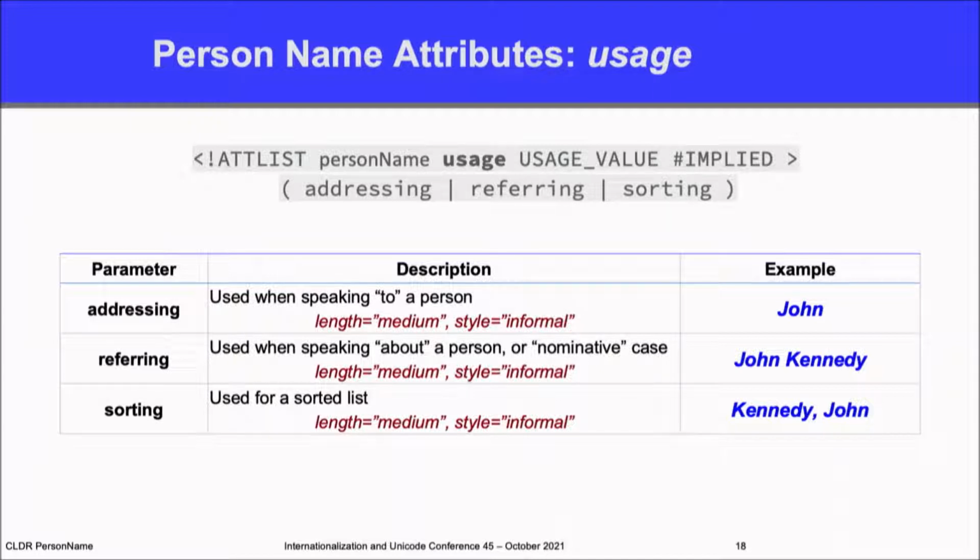So examples, I'm talking to John. So, hi, John. Or this is John Kennedy. Or I'm going to sort the name, I want to sort it as Kennedy, comma, John. So if I have a sorted list of names, it would be able to be represented and then use the collation algorithms to sort these appropriately.